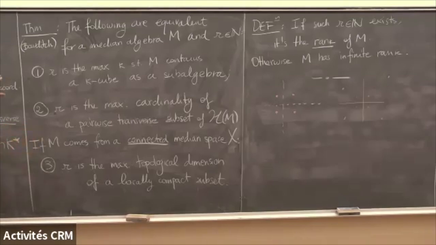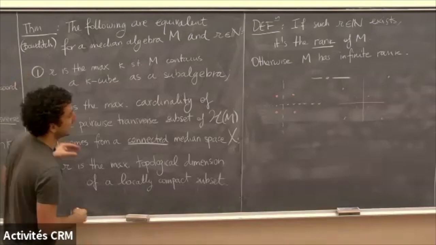And here in finite rank, you can really realize half spaces as connected components of some codimension 1 subset that is itself a median subspace of lower dimension in this sense. And so proceeding this way, you can always cut, and proceeding inductively in this way, you prove the other inequality.